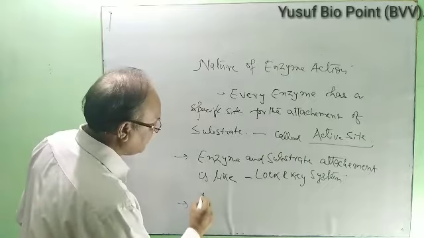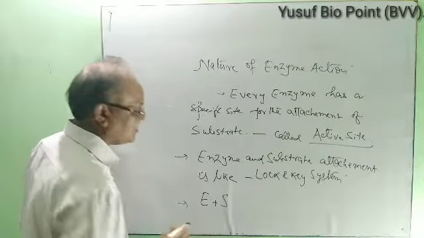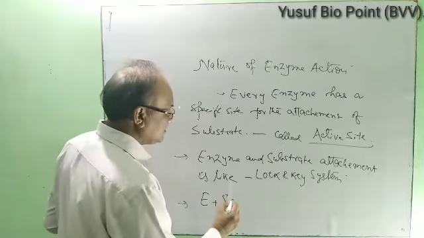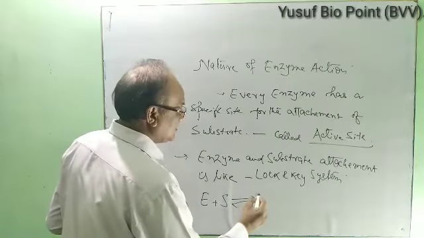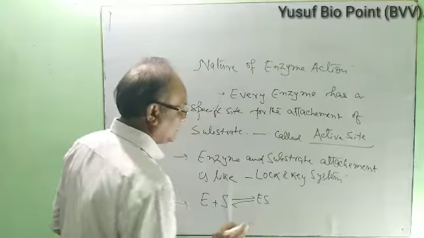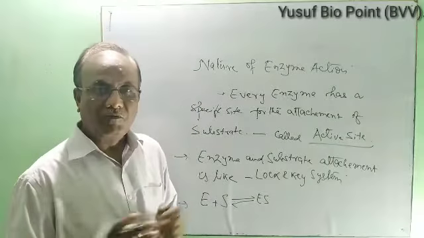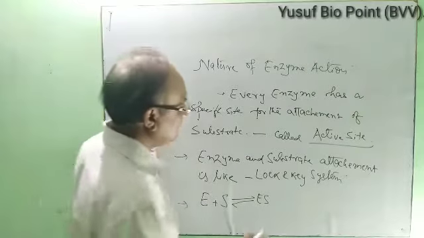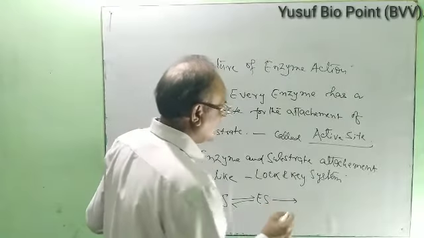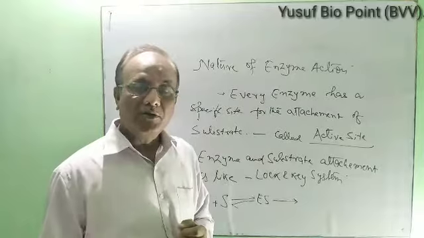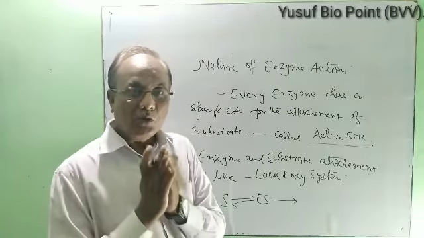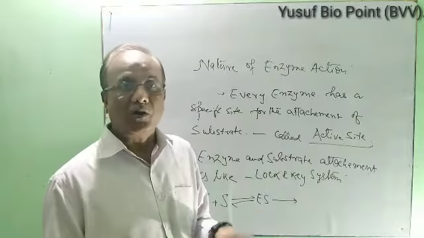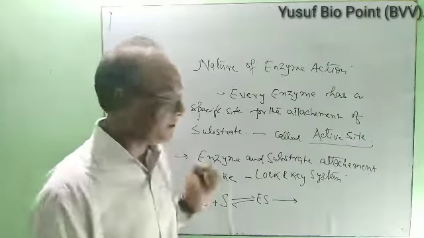This is the enzyme, this is the substrate. Understand? Now first it attaches on the basis of the lock and key system. Second, the bonds of the substrate will break down and the new bond of the product will form.